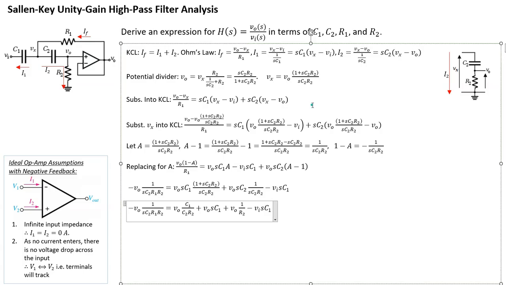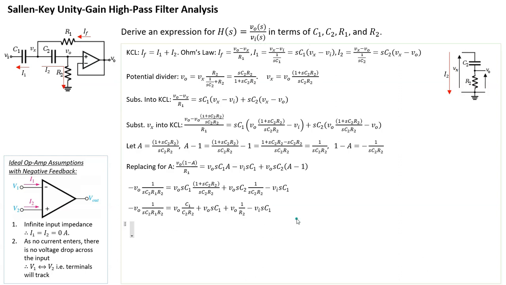Now what we do is multiply all the terms with this here, SC2 R1 R2, multiply across the whole thing, so on this side it will disappear. So let's do that, times that on both sides, right?